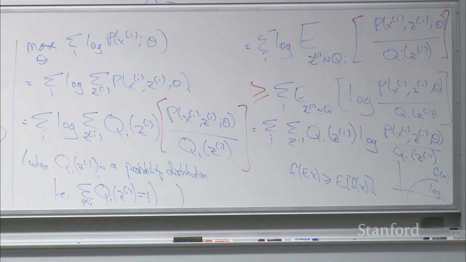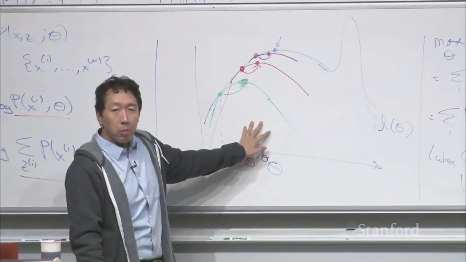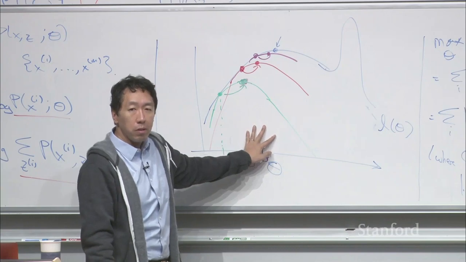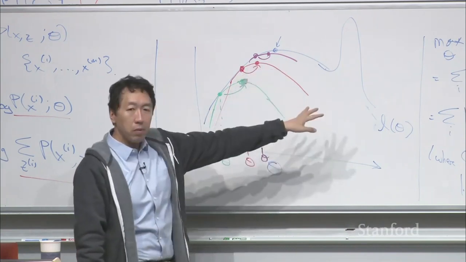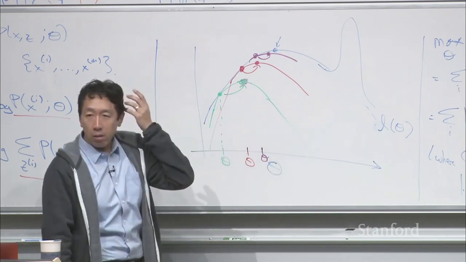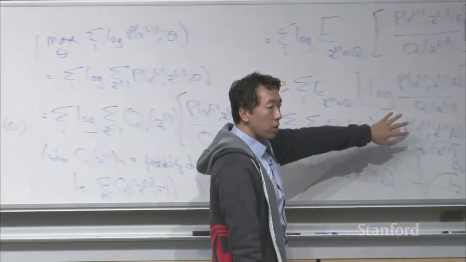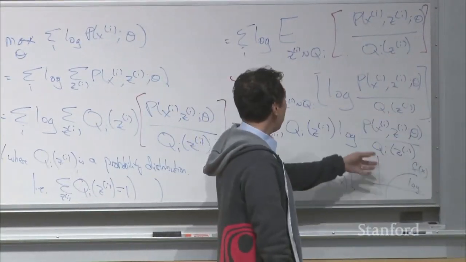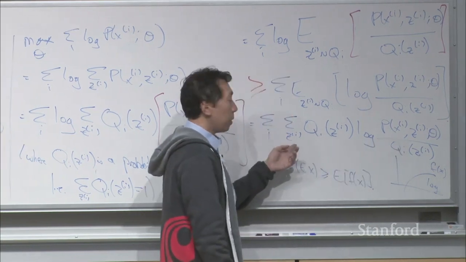So if you remember this picture from the middle, what we wanted to do was to construct this green curve, a lower bound for the blue curve. And if you view this formula here as a function of theta, your x is just your data, and z is a variable you sum over.